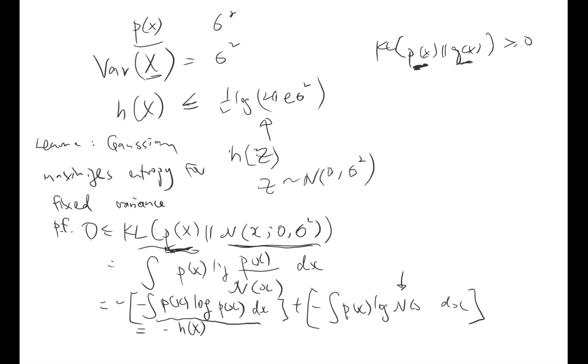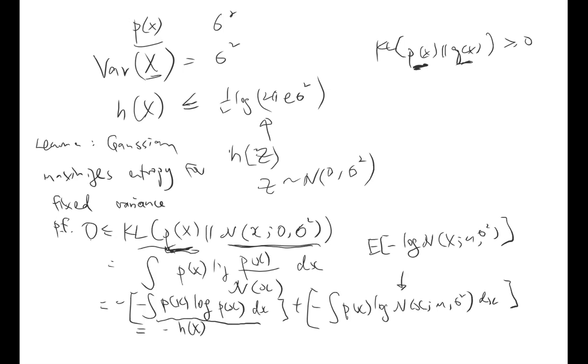Actually, it's good to even write that mu, sigma square here, dx. My point is this is nothing but the expectation of minus log n(x; mu, sigma square).